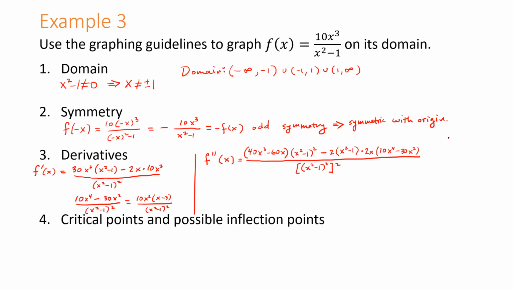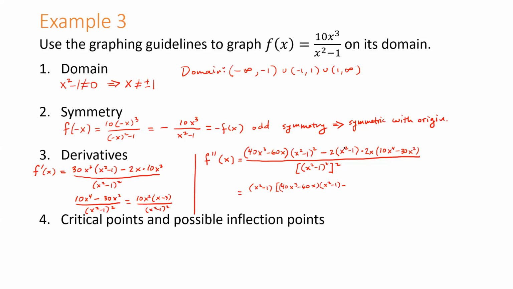Okay, so that's doing the second derivative. Notice a bunch of things we can simplify. For instance, I can try and factor something out from the numerator here. Actually, that might make it a little bit simpler. So we've got x squared minus 1 factors out, leaving me with 40x cubed minus 60x here, times x squared minus 1, another factor of x squared minus 1.